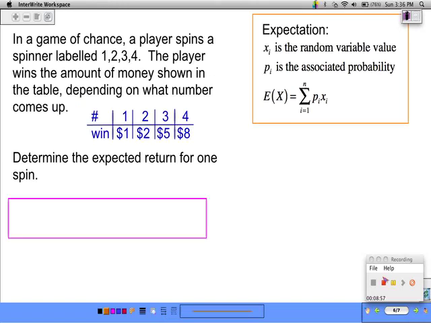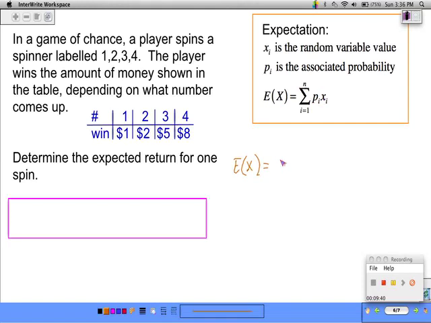So now we have a spinner labeled 1, 2, 3, and 4, and we win money according to this table. We're going to look at something called expectation, or expected value. The way we calculate expected value is we take each probability times the outcome, and we add up those products. So to find our expected value, where our random variable x is the different outcomes, that is winning $1, $2, $5, or $8, there are 4 values that our random variable can take on.